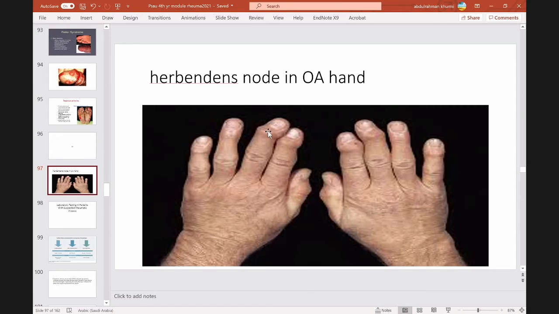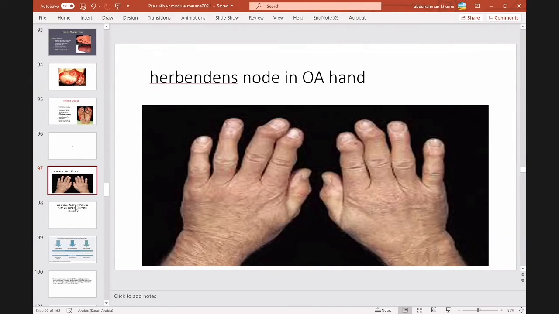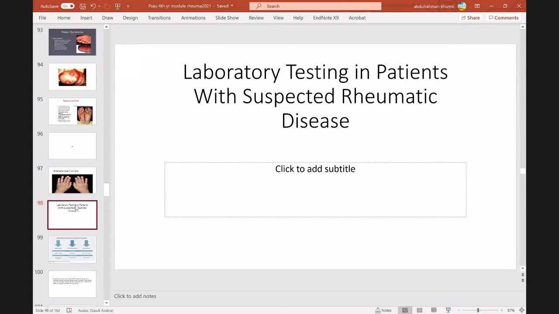If you have deformity and nodules in the distal, it is called Heberden nodules. If it is in the proximal, it's called Bouchard nodules. Okay? These are what we took first, Doctor, right? Yes. But this is not rheumatoid, this is osteoarthritis.